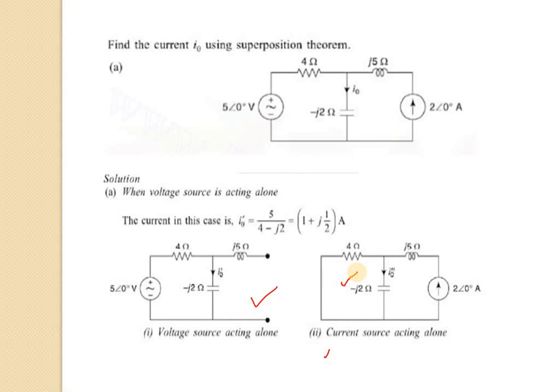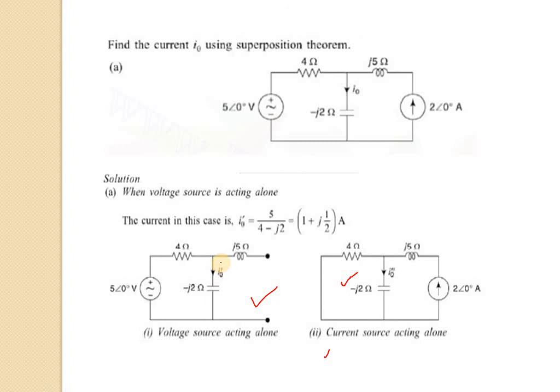So with the voltage source deactivated, the path will be shorted. So we have shorted the path. So the value of current we can calculate from our figure 1, that is 5 divided by 4 minus j2 ohm.